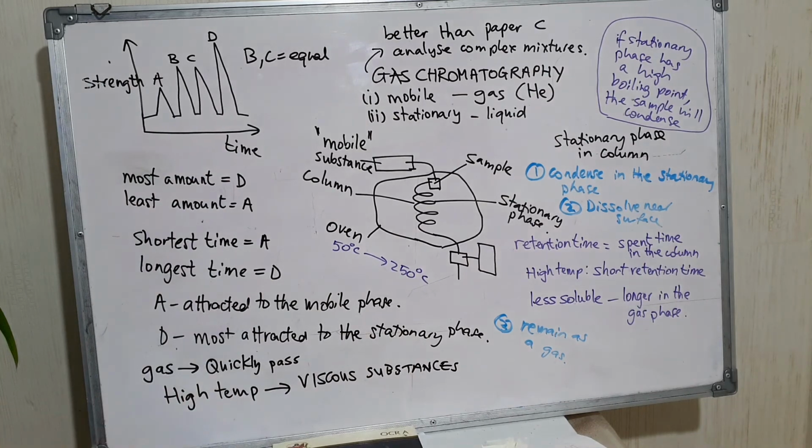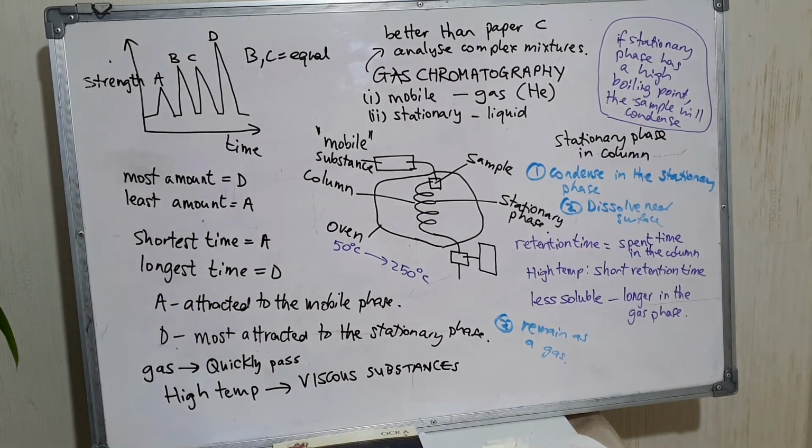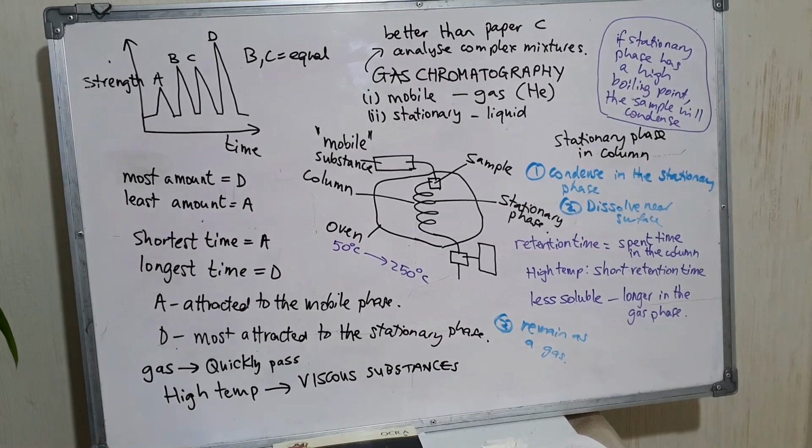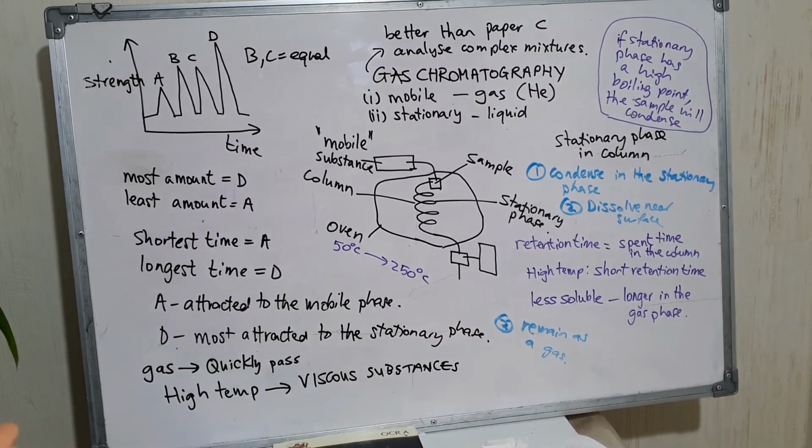So high temperature could be used to investigate viscous substances. Because it's very sticky, the bonds between the molecules are very strong, so you would need a high temperature to separate those molecules.